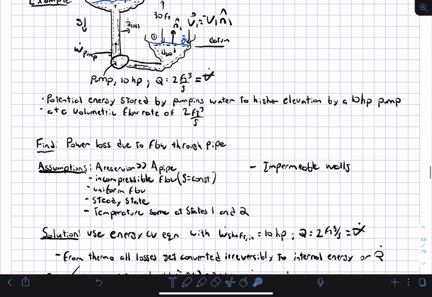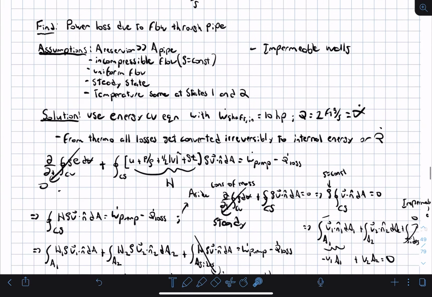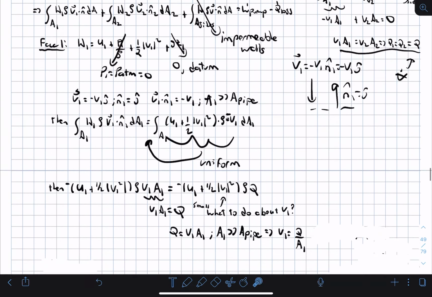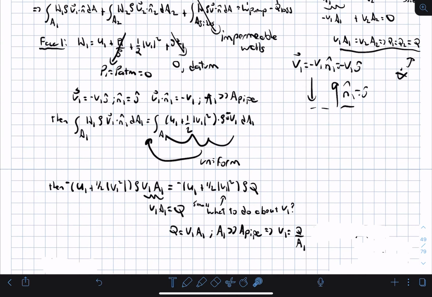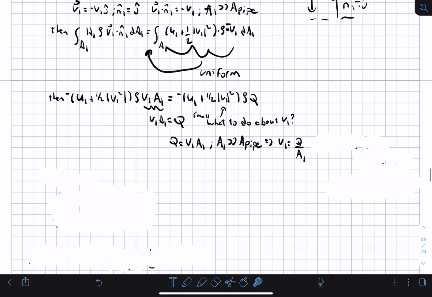this is a perfectly acceptable control volume. And if you do conservation of mass on this control volume, you would still find that the volumetric flow rate here and the volumetric flow rate here is the same. So if we're assuming uniform flow, the velocity times the area is constant throughout this entire piping network.